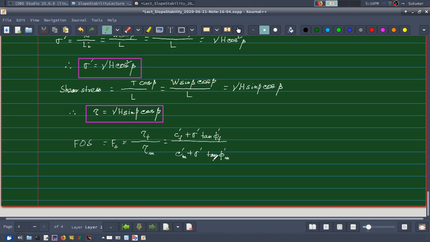Now you see it has two parts: one is the cohesion part, the other is the frictional part.